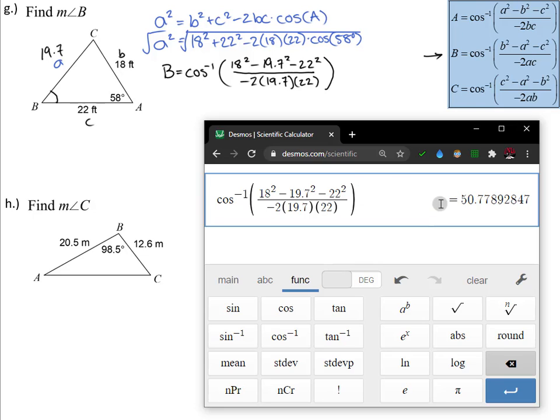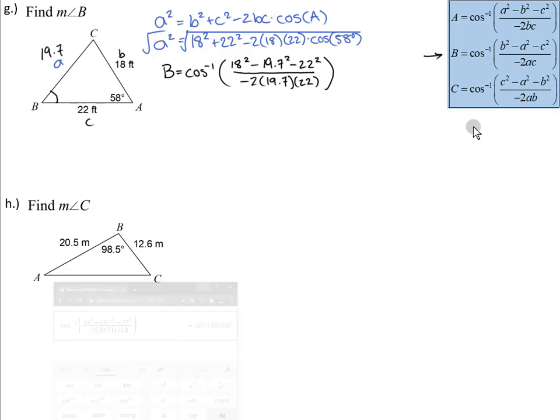And it tells us our angle going to one decimal place is about 50.8 degrees. So angle B is about 50.8 degrees.